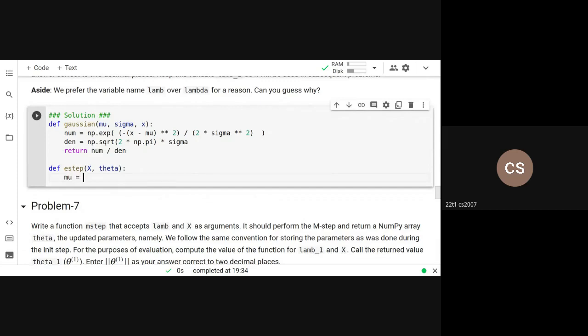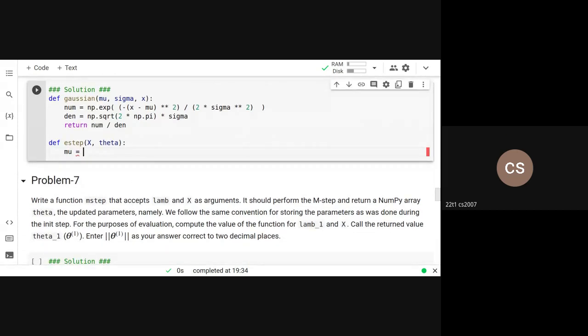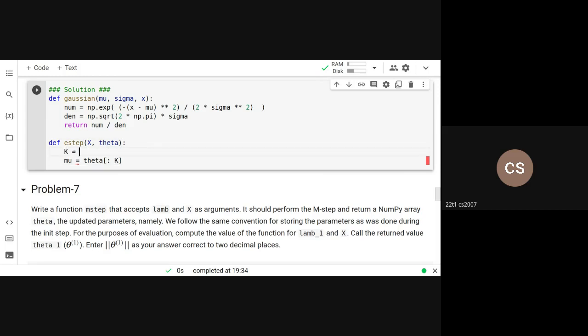So what is mu? You want to extract the means from theta. What are they? Is it the first k, next k, or last k? It is for the 0, 3rd, and 6th position. Right. So this is actually k. If you want to write this generally, theta has 3k parameters, so theta's shape is 3k, and I divide it by 3 to get the number of mixtures, which is k.